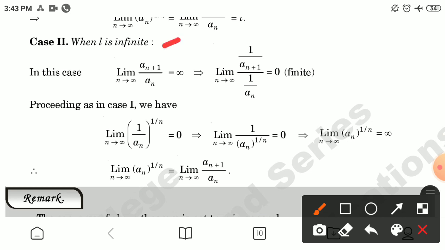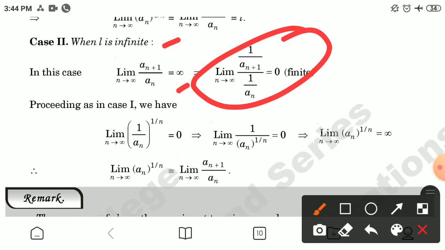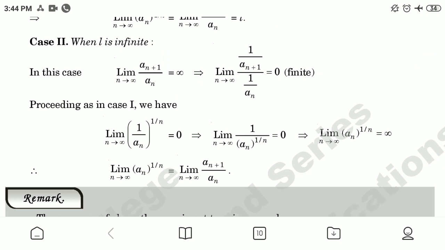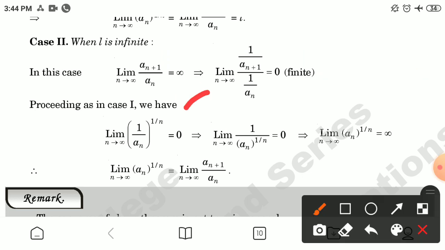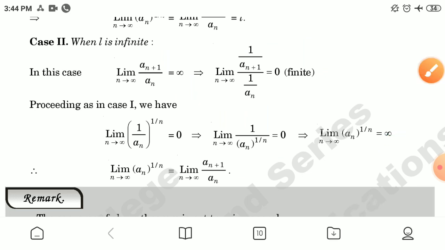In this case the limit is infinite; we can rewrite it as this one, and this becomes 0, which is finite. Proceeding as in case first, the limit of (1/An)^(1/n) is equal to 0, therefore its reciprocal is infinity, so the value will be the same in both cases.